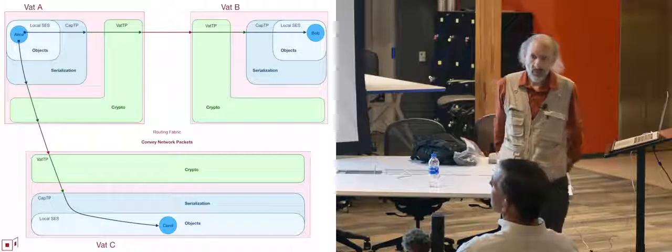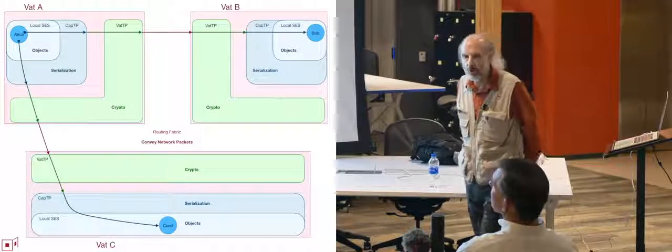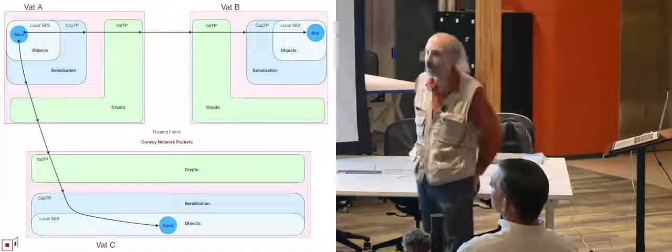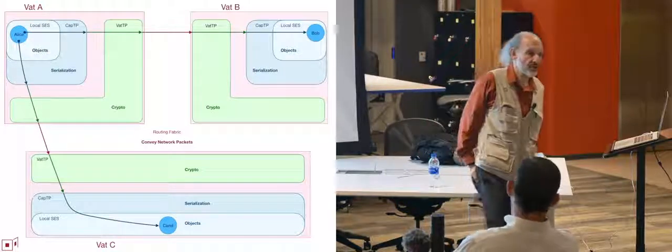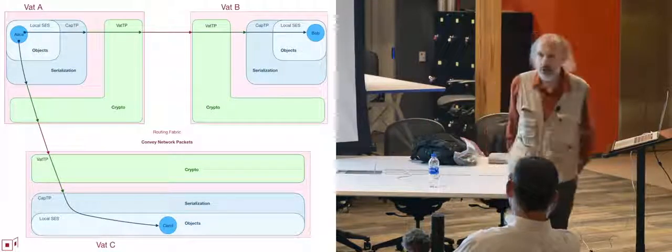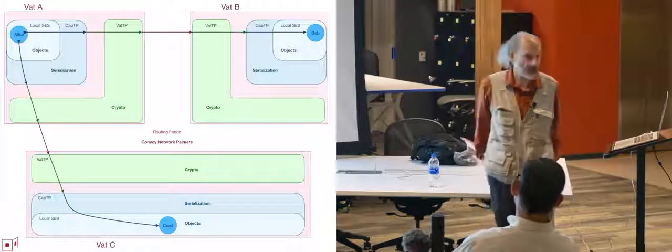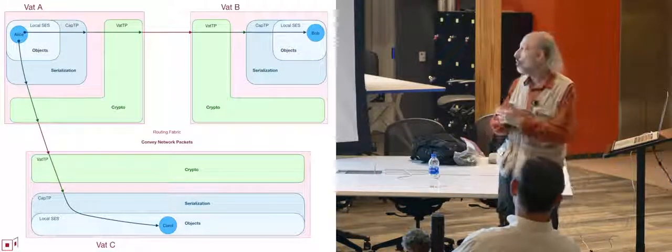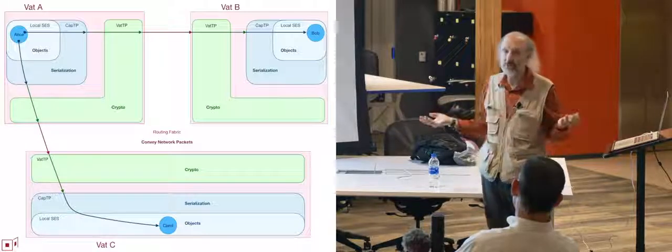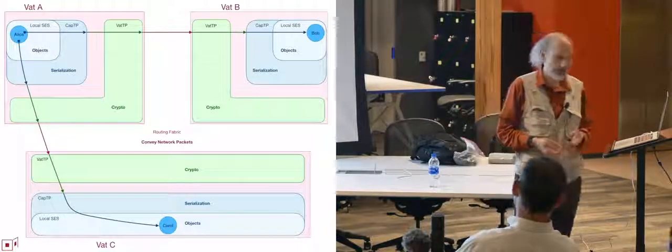Now, in our crypto multi-machine world, there's a lot more going on than just serialization and unserialization. There's also encryption and decryption and signing and signature verification and a whole routing fabric standing between these machines to get messages from one to the other.